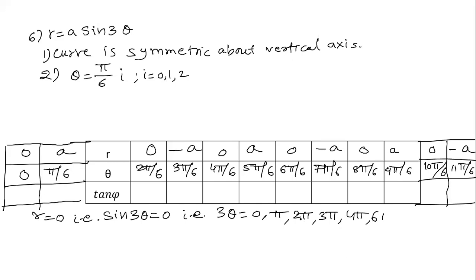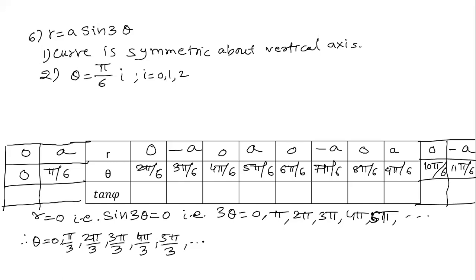And therefore, theta equal to 0, pi by 3, 2 pi by 3, 3 pi by 3, 4 pi by 3, 5 pi by 3, and so on are tangents at the pole or origin.